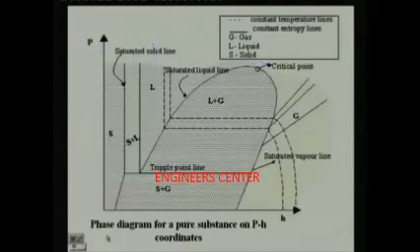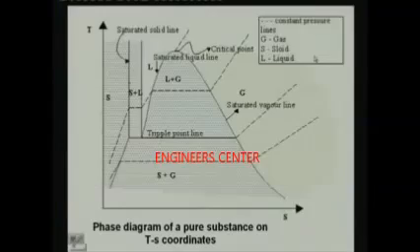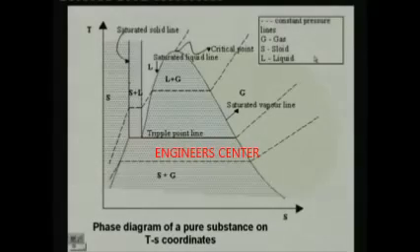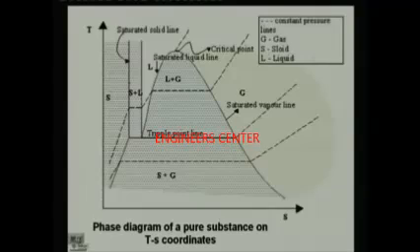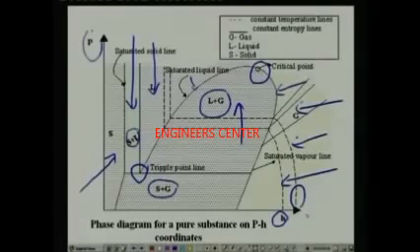Now let us look at a typical TS diagram, a phase diagram on TS coordinates. So again, this diagram shows a phase diagram on TS coordinates. You have the entropy on the x-axis and temperature on the y-axis.